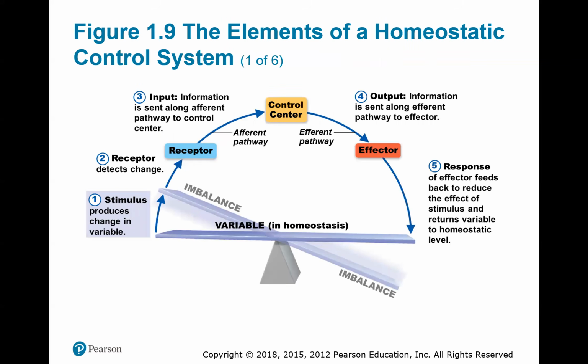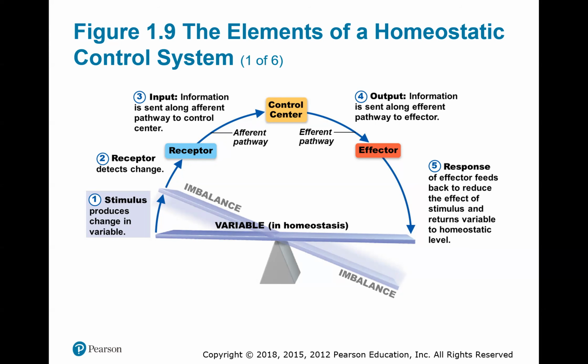So here's a nice little way to think about this, a teeter-totter, if you will. Remember that homeostatic balance is so essential. We want to make sure that we are staying in this very specific range and we're not going too high or too low. So the stimulus is what produces the change. Again, the receptor detects that change and sends that information to the control center.